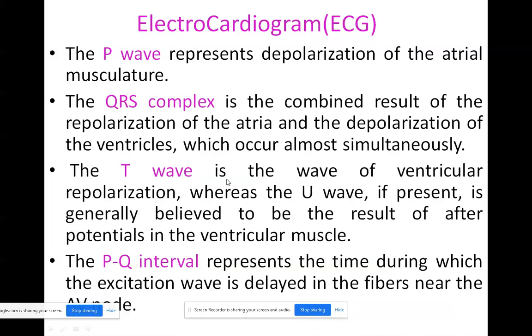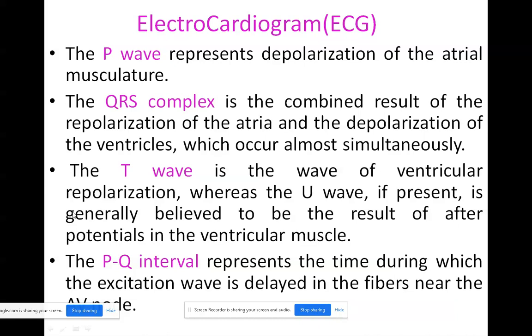Then the T wave. The T wave is the wave of ventricular repolarization, whereas the U wave, if present, is mostly not present, but if it is present, it is believed to be the result of after potential. Mostly you will not get the U wave. If you get it, that will be the result of after potential, that is, after getting the ECG signal, one more wave will be given.